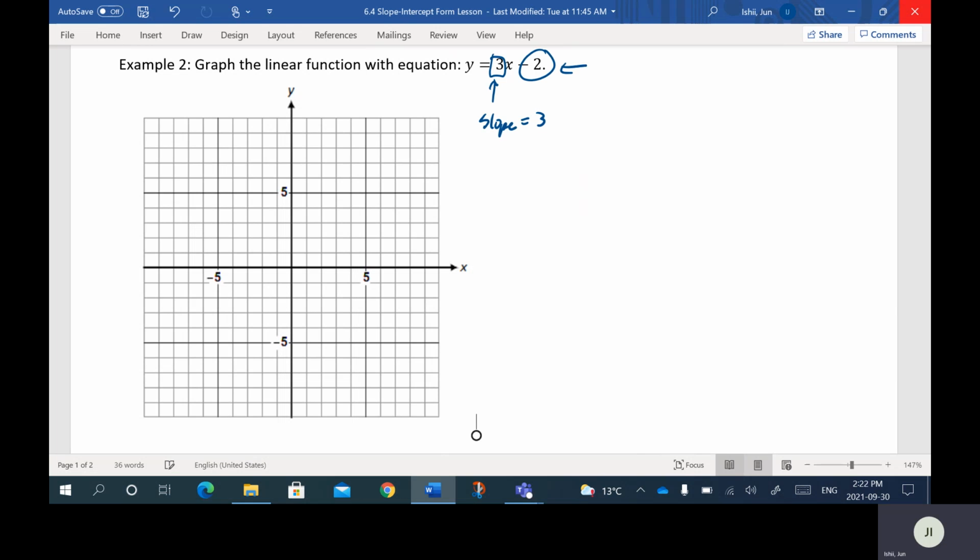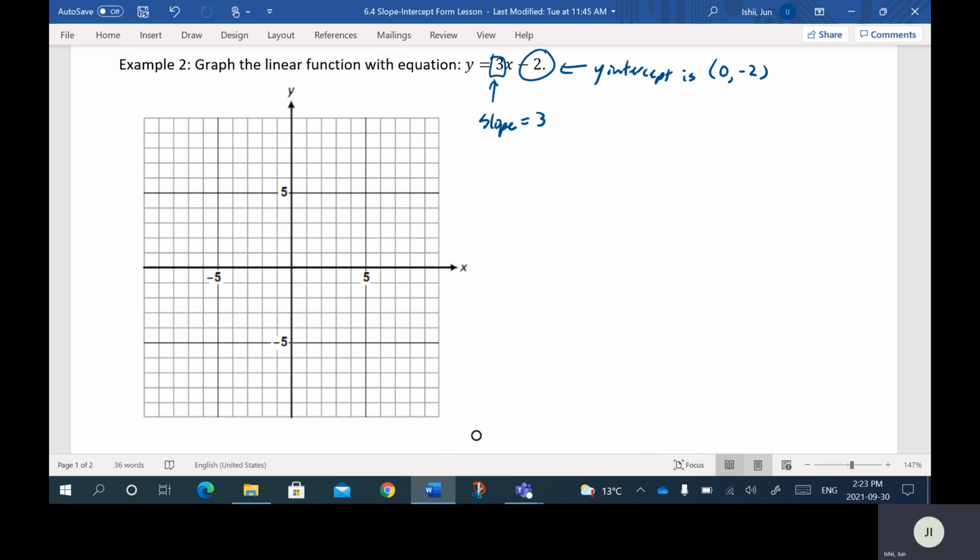And the y-intercept is at -2. But technically that's a point, so I'm just going to write it as 0, -2. The other key thing here is to make sure you include the sign that's in front of the number. So the slope in this case is +3, and the y-intercept is -2. That should give us enough information to draw the line.